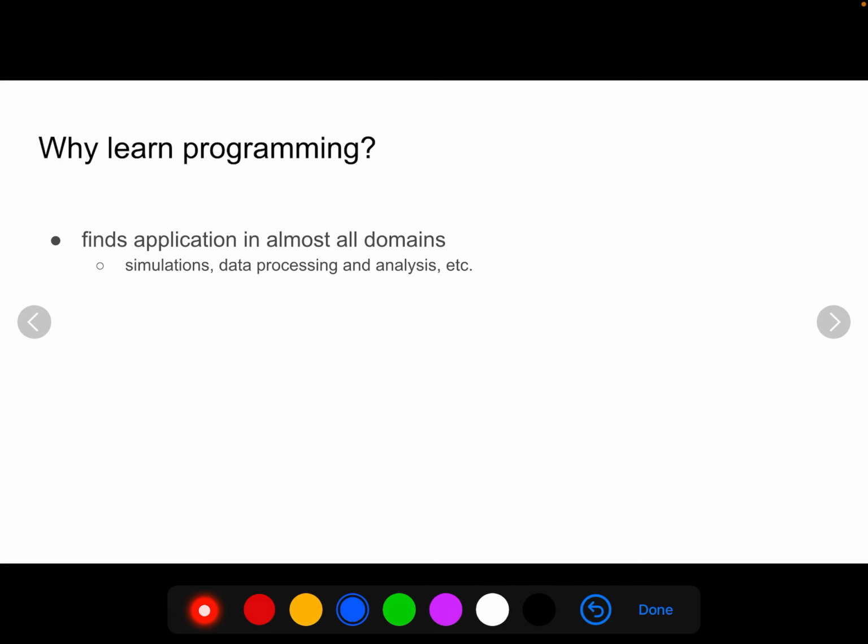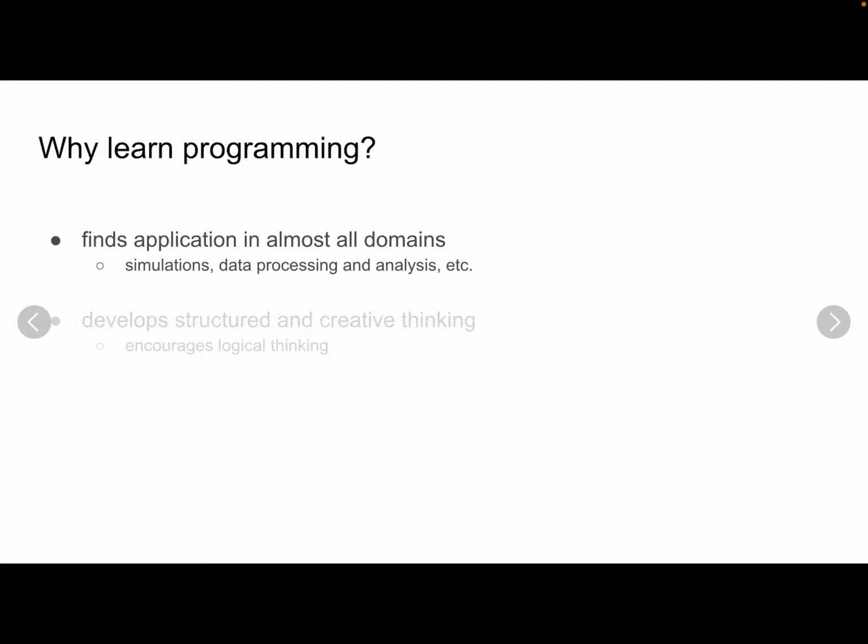Similarly, once you get the knack of using one programming language, it's very easy to learn another. And even from a science background, today, physicists, biologists and all, they also use coding to perform lots of data processing and analysis, etc.